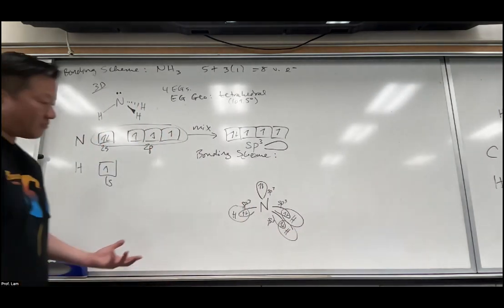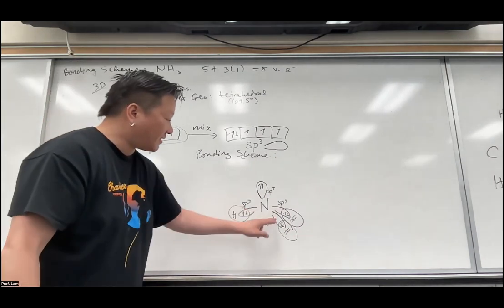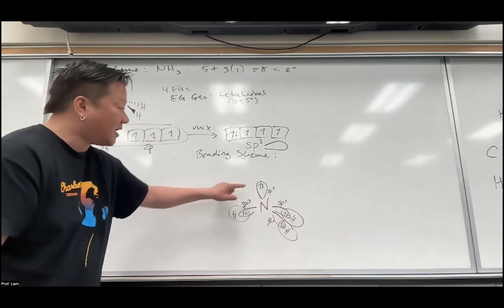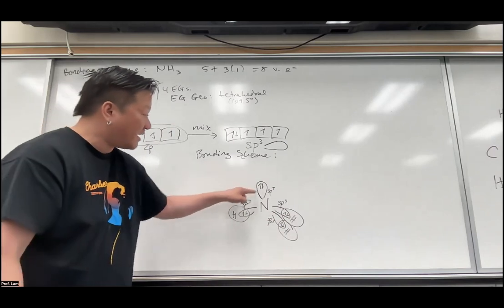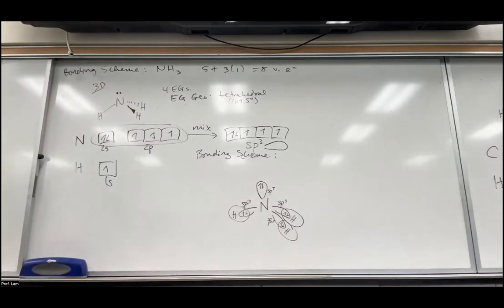Okay, so beautiful. That's my bonding scheme for NH3, showing single bonds, right? Overlap regions to make the N-H single bonds, and then showing also that 1 sp3 hybrid orbital that's housing the lone pair.